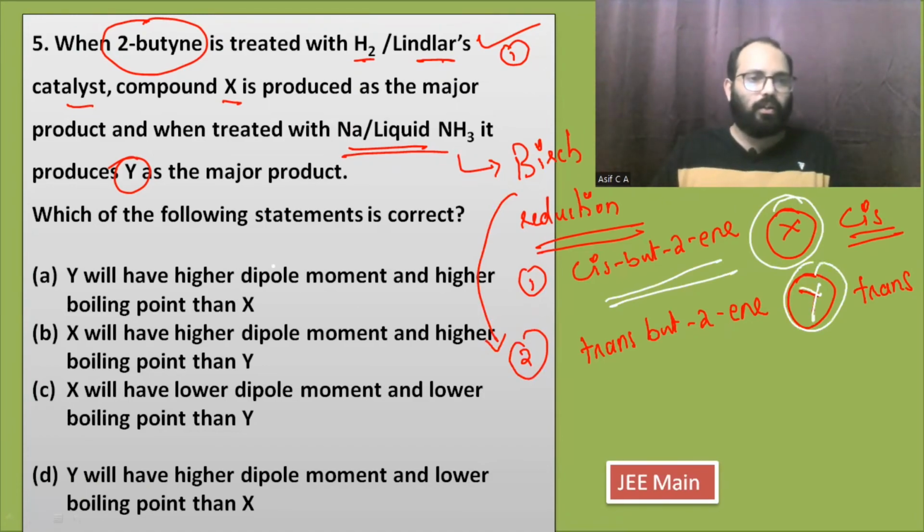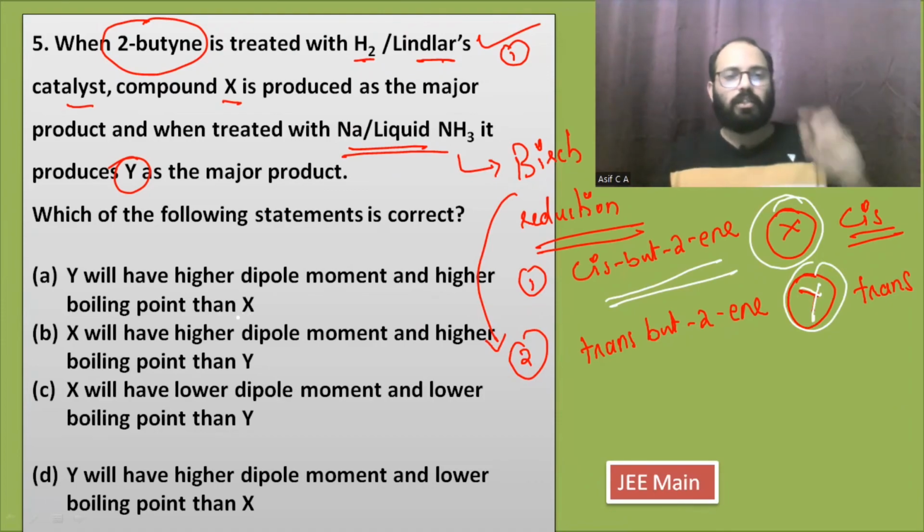Now we'll read. Y has higher dipole moment and higher boiling point than X. They are talking about dipole moment and boiling point. Everything is already clearly mentioned in NCERT. NCERT mentions cis-butene and trans-butene, right? So who has the higher boiling point? Cis will have the higher boiling point. Who has the higher dipole moment? Again cis will have the higher dipole moment.